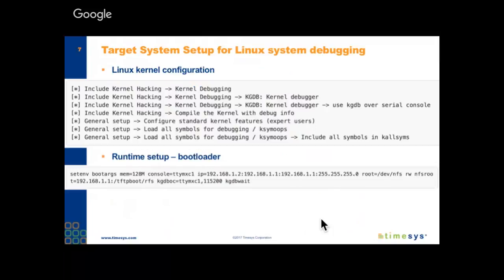To set up debugging for an IDE, or in general, to set up system-level debugging in Linux, we have to first configure the Linux kernel with additional options. In this slide, you can see six options.